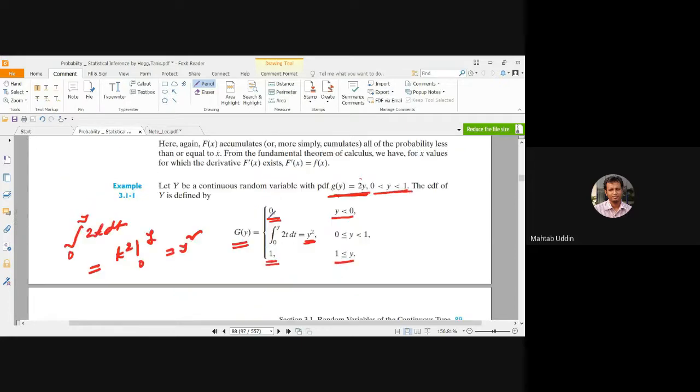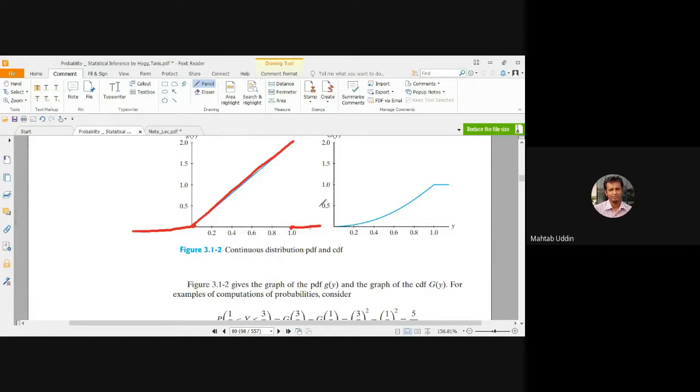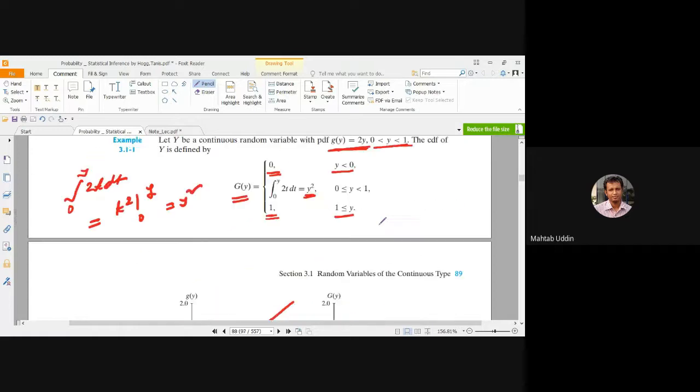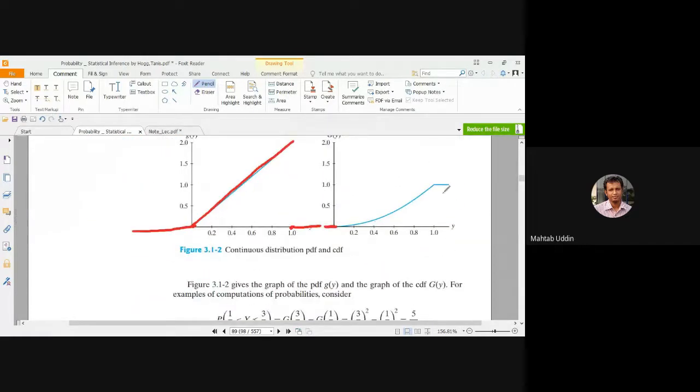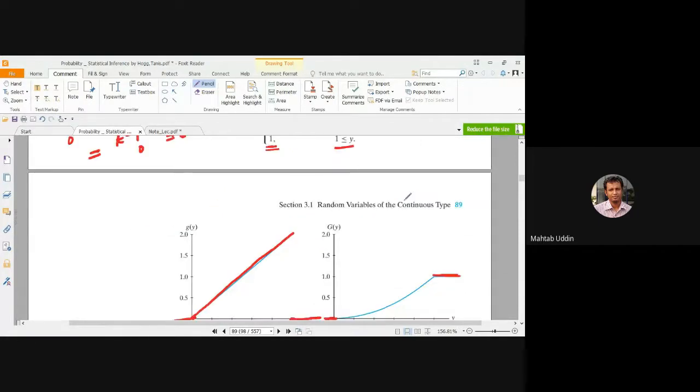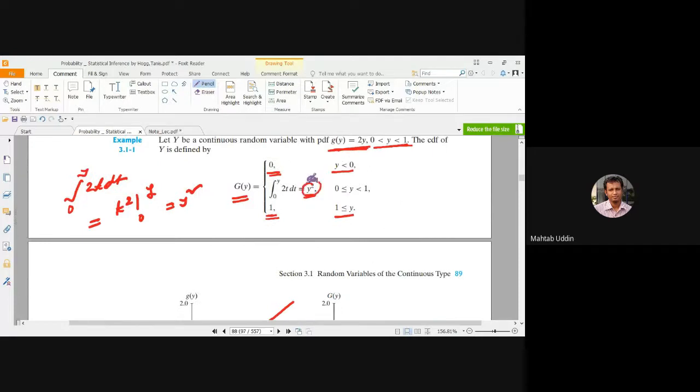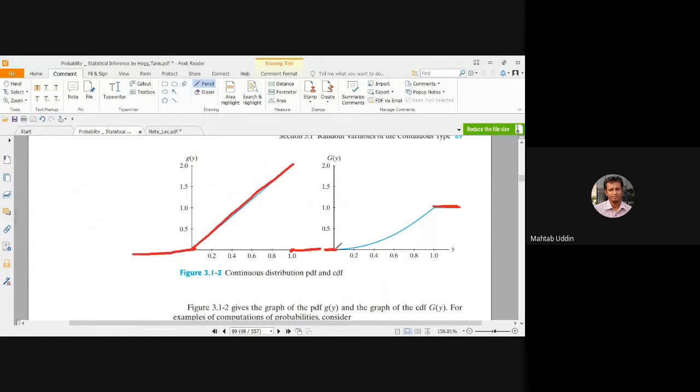In the case of the CDF, before entering the set, it is 0, and after completing the interval, it is 1. Within the interval, it is y square, which is quadratic, so it has this form. Do you understand? So always before this 0, after this 1, and within this, we see what we get. So this is the graph of the PDF and CDF.